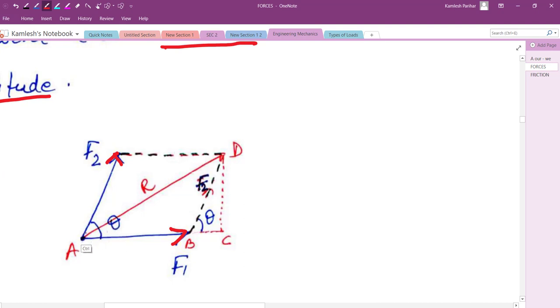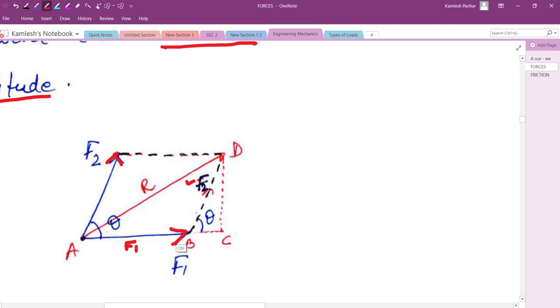So I shift this force F2 to point B. So now AB represents F1 and BD represents F2.